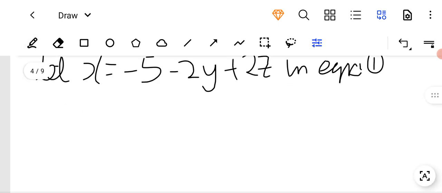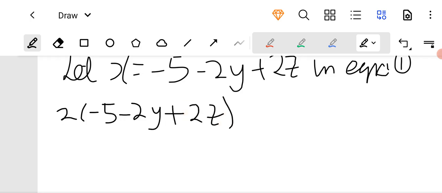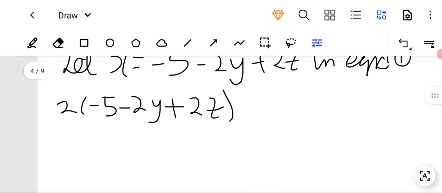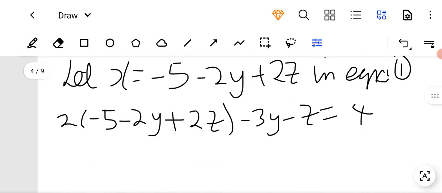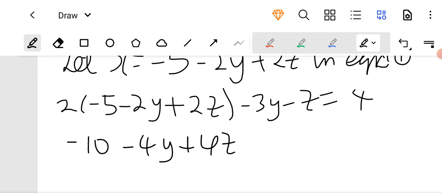So you have 2 times negative 5 minus 2y plus 2z, that's your x, and then minus 3y minus z is equal to positive 4. Then you simplify: negative 10 minus 4y plus 4z minus 3y minus z is equal to 4.